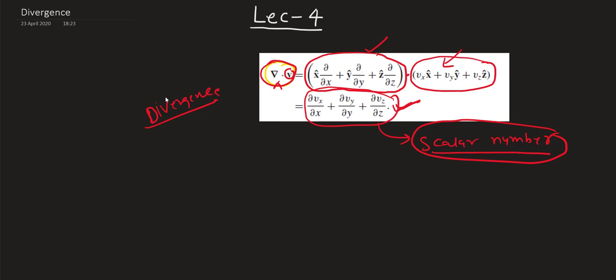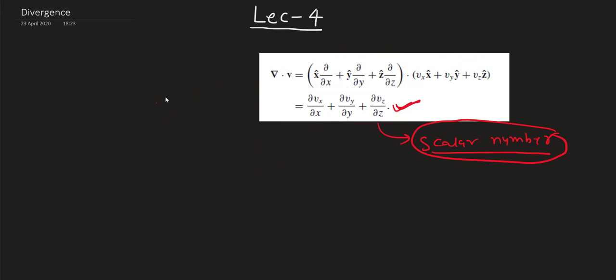Now let's look at the geometrical intuition, which I think is most important to understand, because from the mathematical equation it is a little bit hard to get the intuition. So let's talk about the intuition.